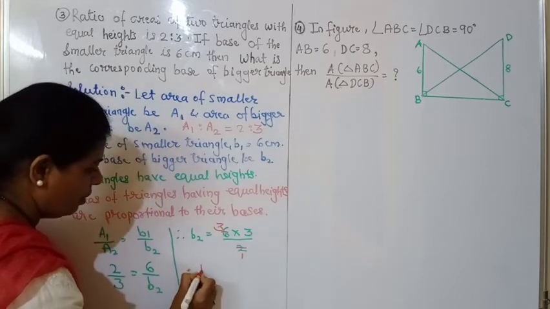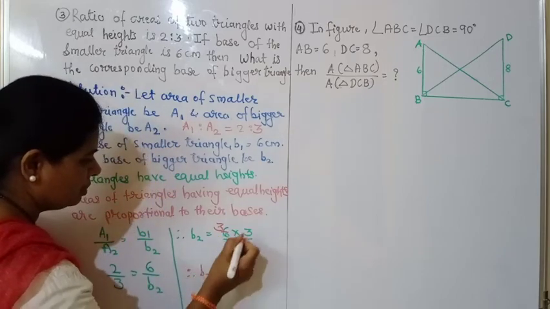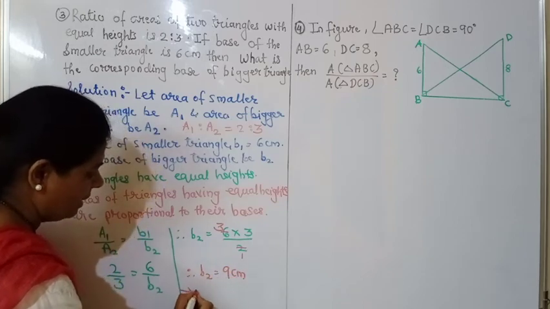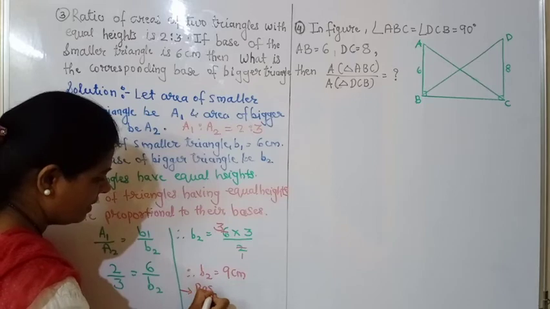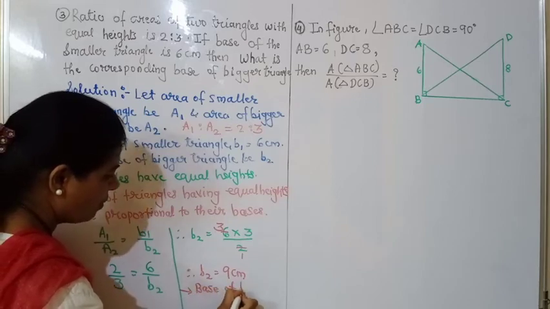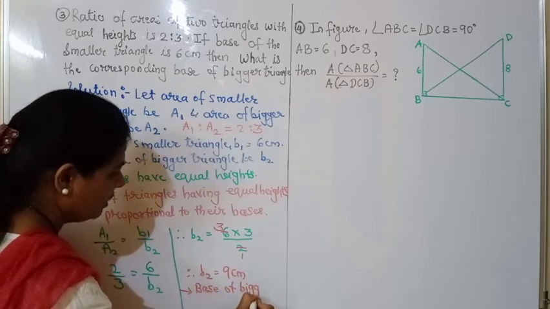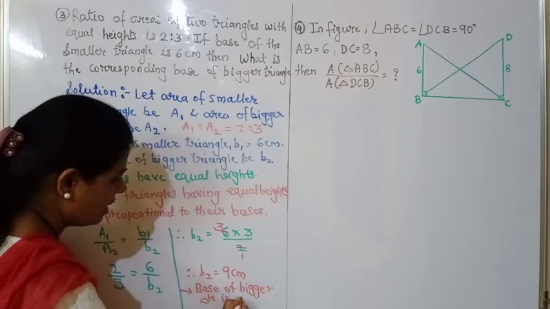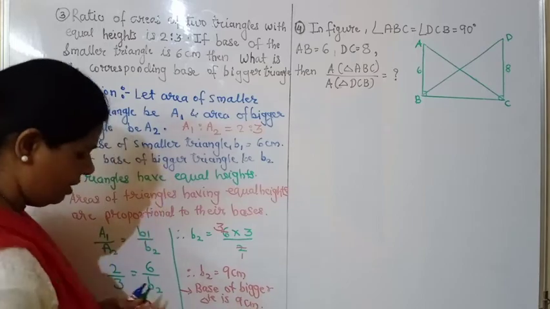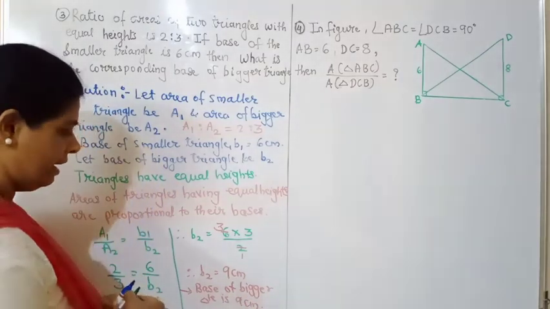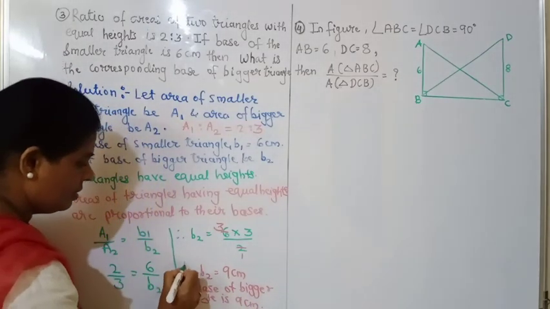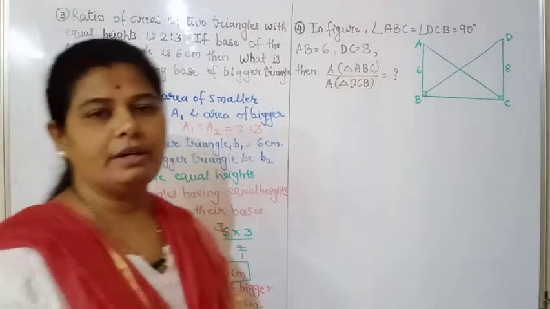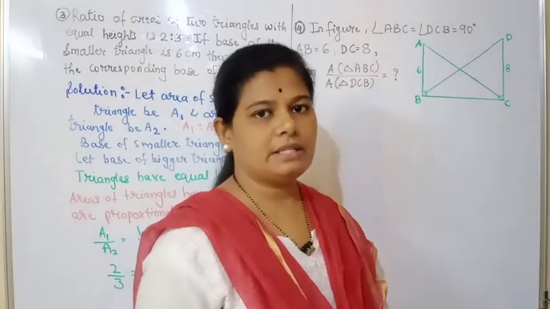Therefore B2 is equal to 3 threes are 9 centimeter. At the end we will write the answer in a sentence: the base of the bigger triangle is 9 centimeter. So we got B2, the base of the bigger triangle, as 9 centimeter.